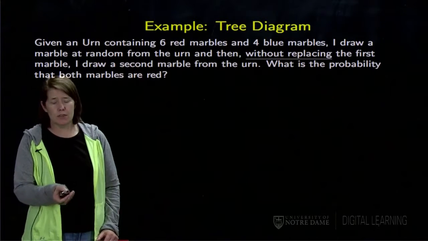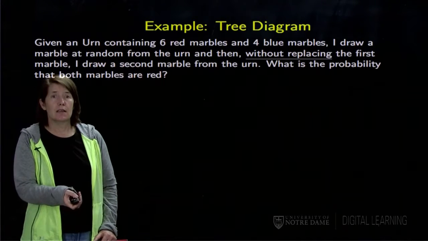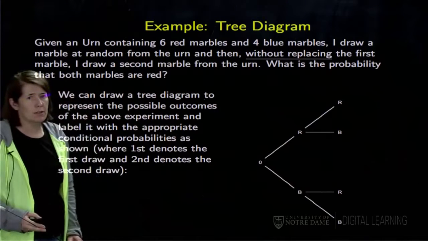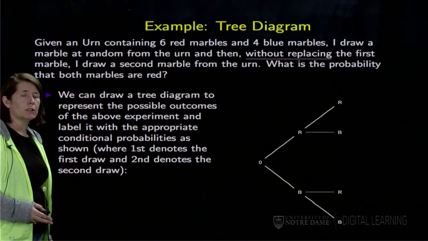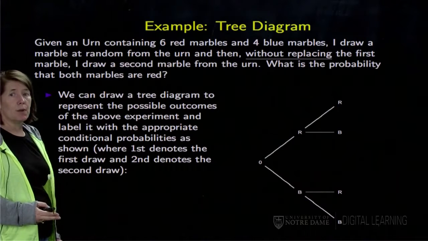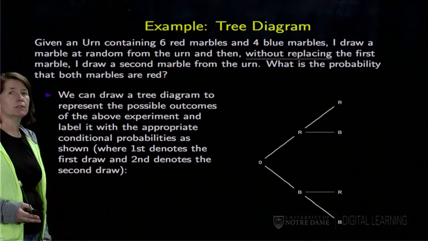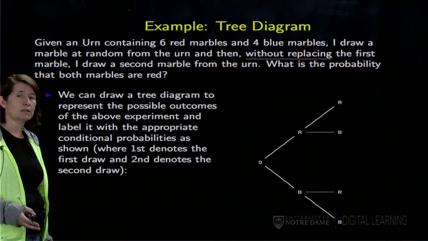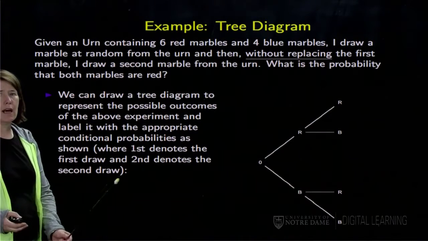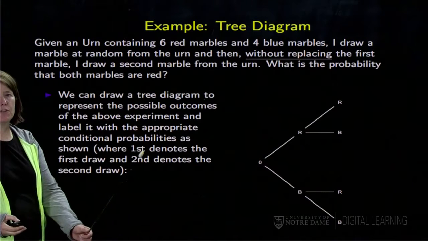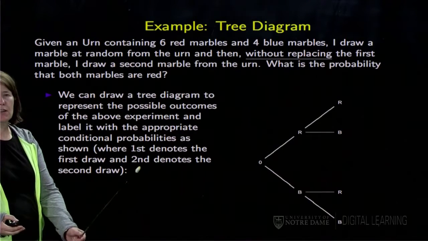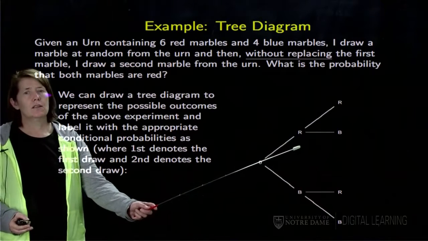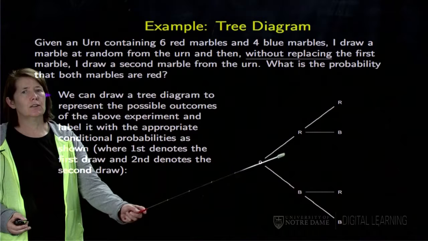Well, because there are two steps in the experiment, a tree diagram is ideal for solving this problem. So we can draw a diagram to represent the possible outcomes of the experiment, and we're going to label it with the appropriate conditional probabilities. Now, on the next slide, we're going to abbreviate the first row to first and the second row to second, and we see the outcomes here represented on this diagram.